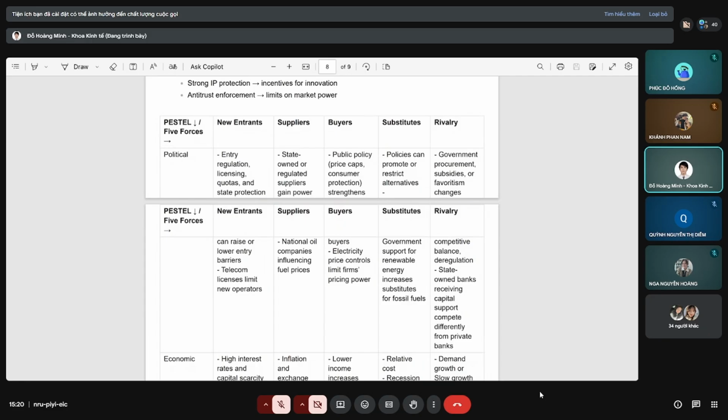For example, if potential entrants want to enter the telecommunication industry, they have to acquire a license provided by the government, yeah? And the telecom license limits the number of operators, the number of firms operating within the telecommunication industry, right?